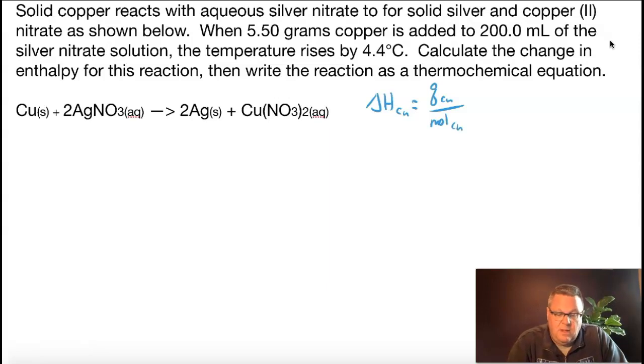Let's diagram a couple of things here and see how you do. This is mass of copper. This is mass of the water, 200.0 grams. This is delta T of the water.